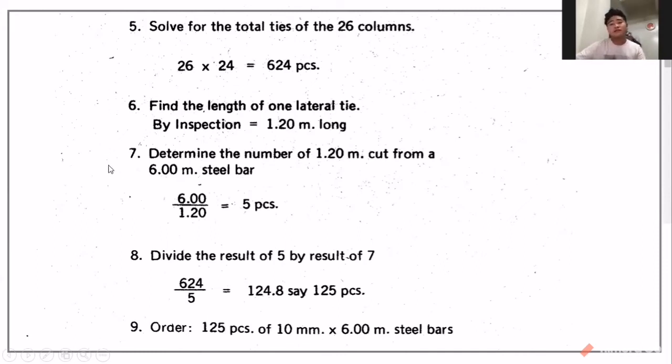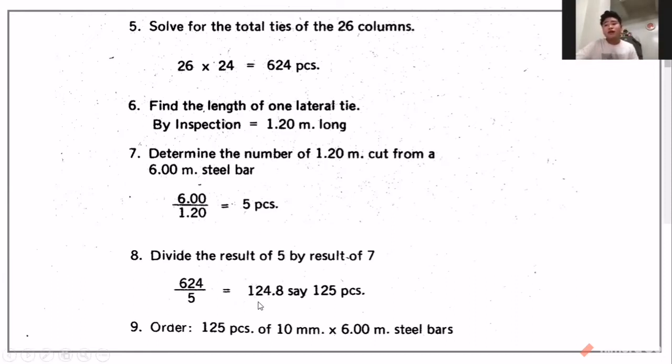Okay. For step 7, we need to determine the number of 1.20 meter cuts from a 6 meter steel bar. So 6 meter was divided by 1.20 meter. So we have 5 pieces. So divide the result of step 5 by the result of step 7. So the result of step 5 is 624 pieces, and it was divided by the result of step 7, which is 5.